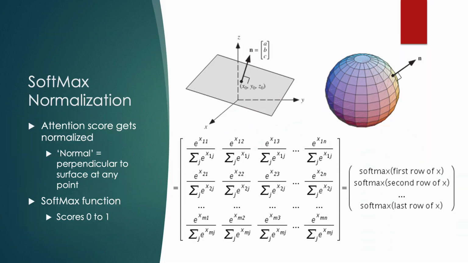Softmax normalization. So the process of normalizing the vector is calculated by this formula here on the right.